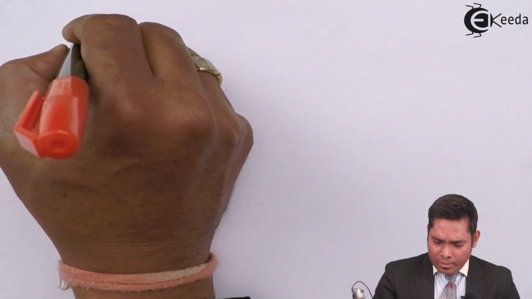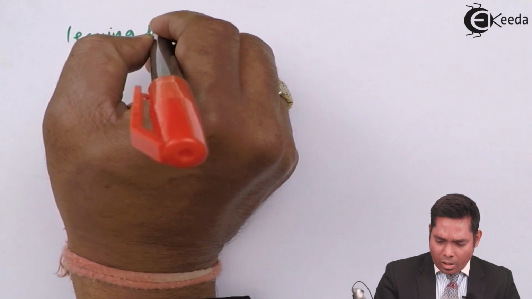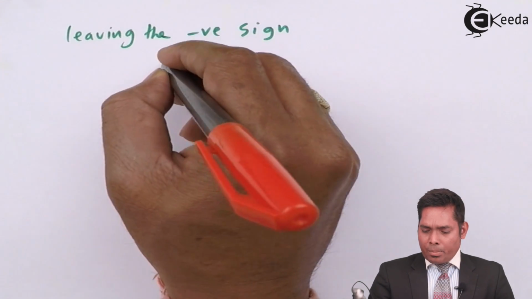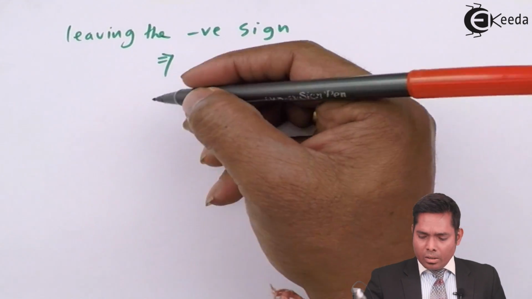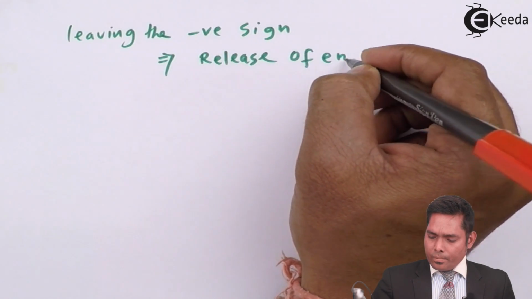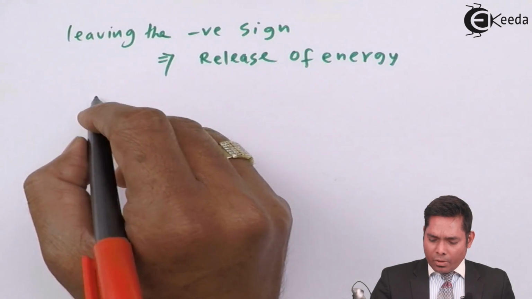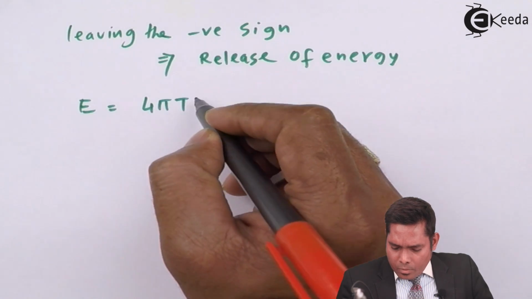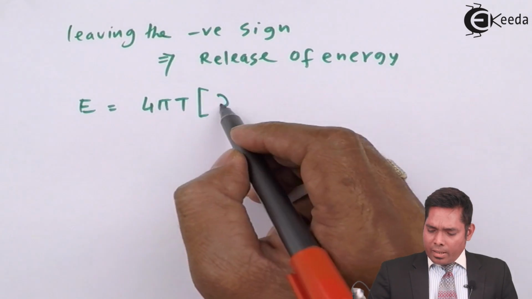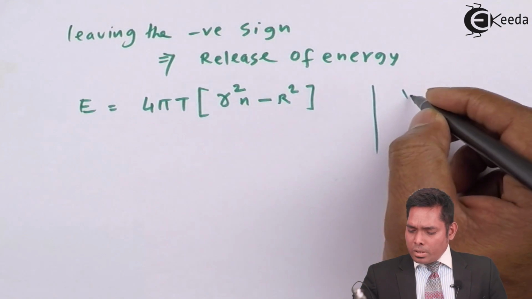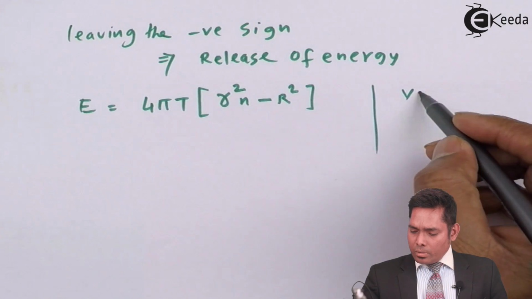Leaving the negative sign, because that implies release of energy, I'll just write the positive value. The energy released equals 4 pi T bracket r square n minus R square, that we discussed last time, and during this process the volume will remain constant.